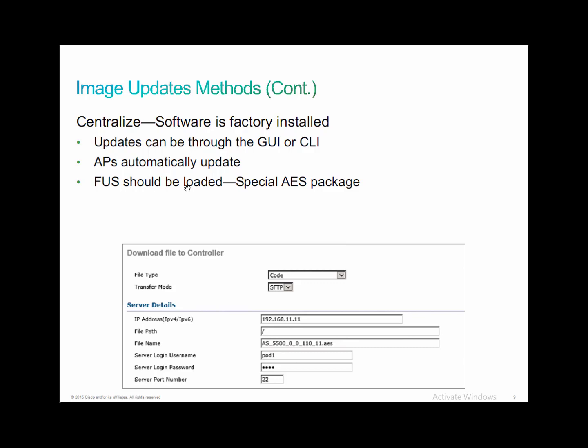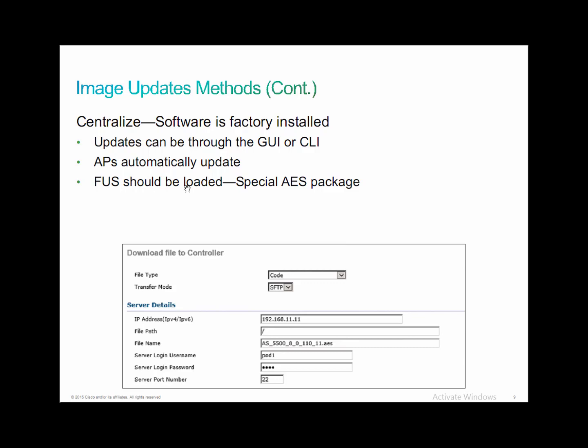In that process, the controller has a primary image and it has a backup image. So when you actually install the software initially, the new software doesn't take effect until you reboot the controller.